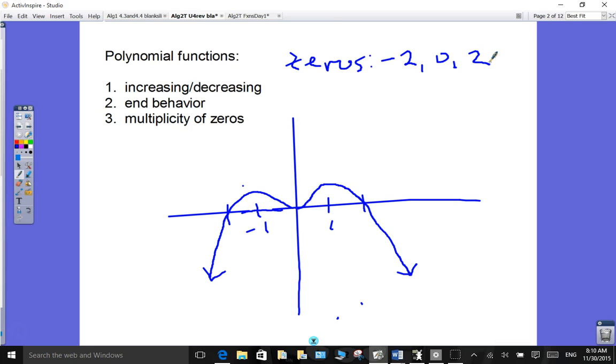You don't necessarily know it's 2, but it's probably 2. But it's even in any case. That's why it stays on the same side. So we would expect, if this was a polynomial function, that it might look something like this: y equals x squared, where the multiplicity is even, times x plus 2 times x minus 2.